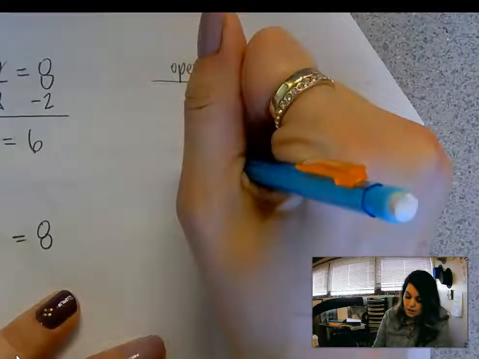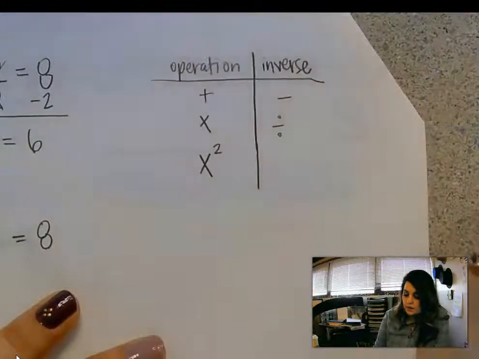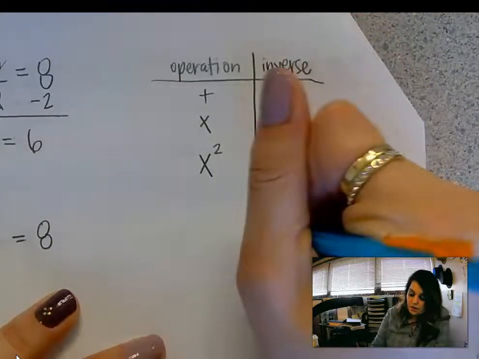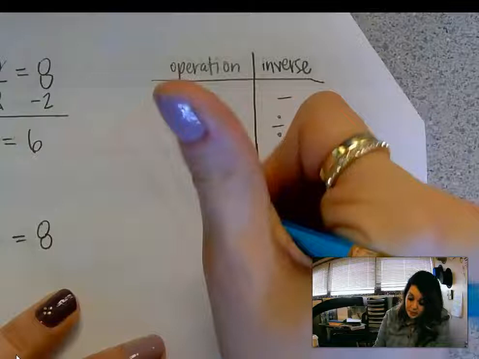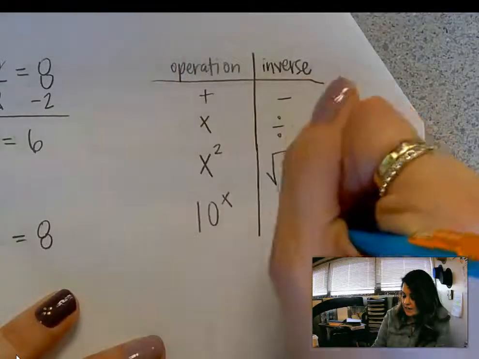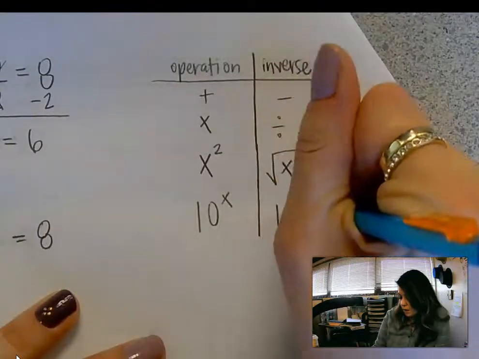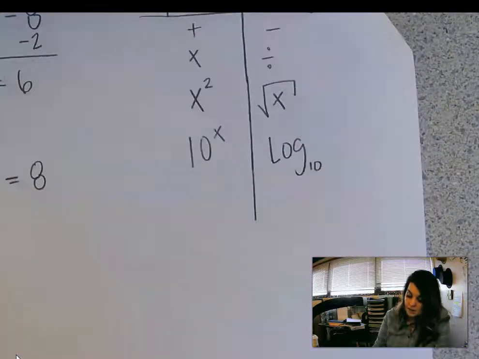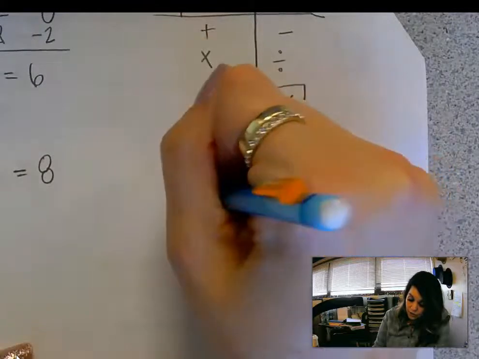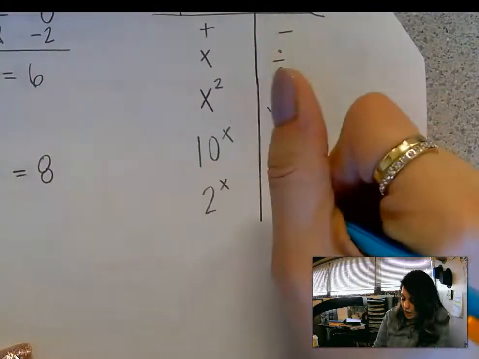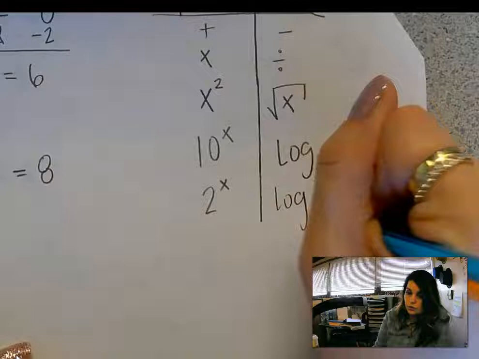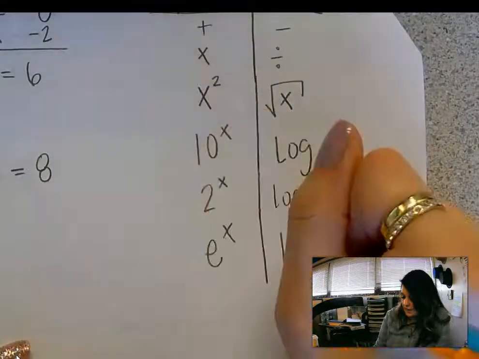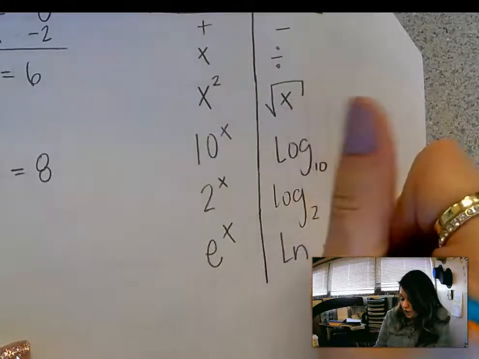Opposite of x squared is root x. Opposite of 10 to the x is log base 10. Opposite of 2 to the x is log base 2. Opposite of e to the x is the natural log x.